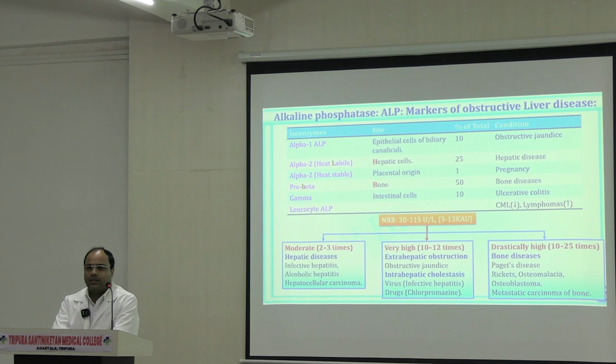Carcinoma head of pancreas, have you heard the name? You will be taught it in surgery classes. When carcinoma head of pancreas occurs, it obstructs the bile flow into the duodenum. As a result, cholestasis occurs.